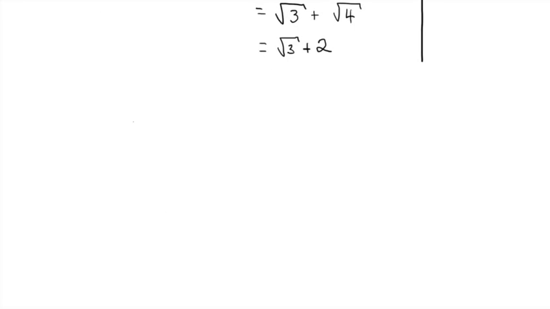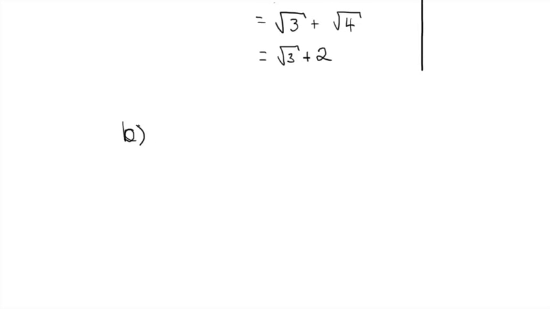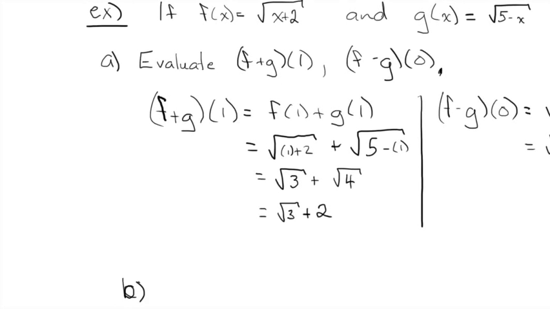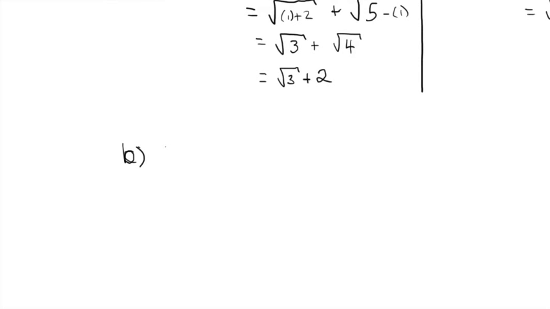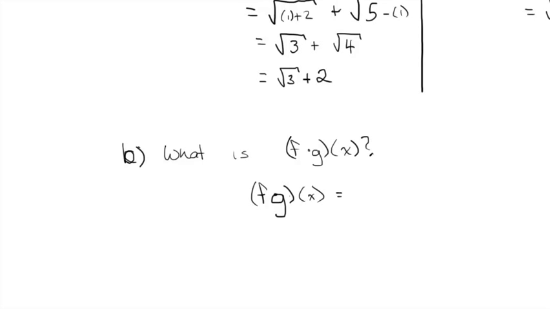You could also be asked to do something like this. That would be b, wouldn't it? Let's look back at those functions. So for b, let's say what is f times g? You don't need the dot; I just put the dot to make it more obvious. So f times g at x. Here I want to come up with the equation. All that means is, we know from the definition, fg at x is just equal to f at x times g at x.